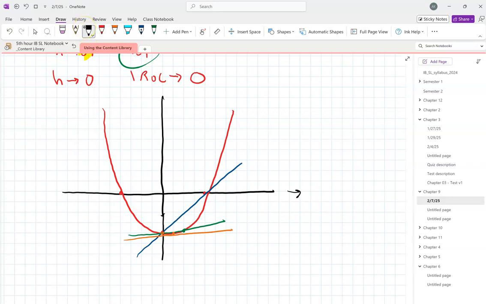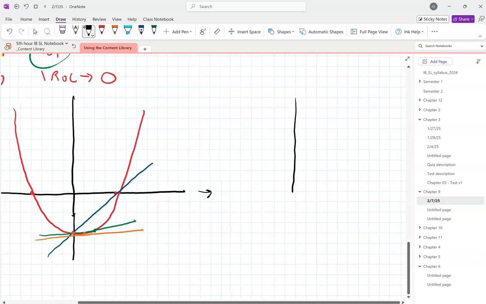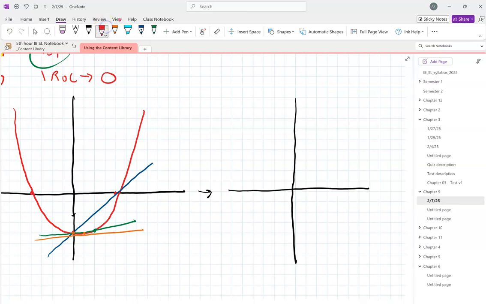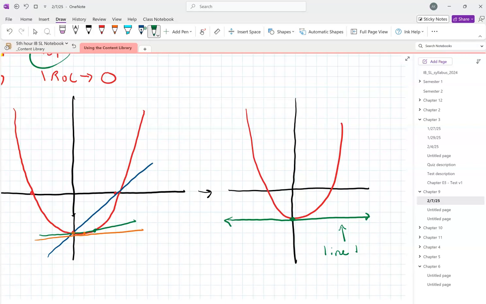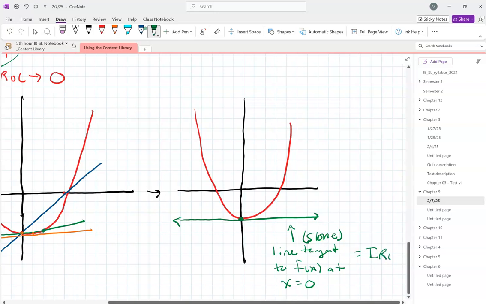And here's the takeaway. The slope of this line that is tangent to f of x at x equals 0, that's going to give us the same thing as our instantaneous rate of change. That's what we kind of worked towards.